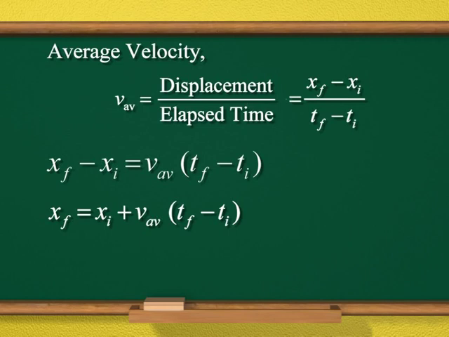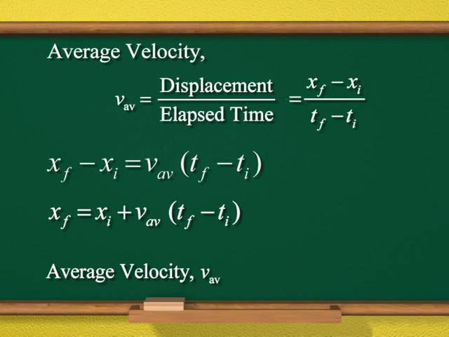For the case of constant acceleration, this relation can be modified by obtaining the relation for average velocity in terms of initial and final velocity. If in the elapsed time velocity changes linearly, then average velocity during this time is simply the average of initial and final velocities.